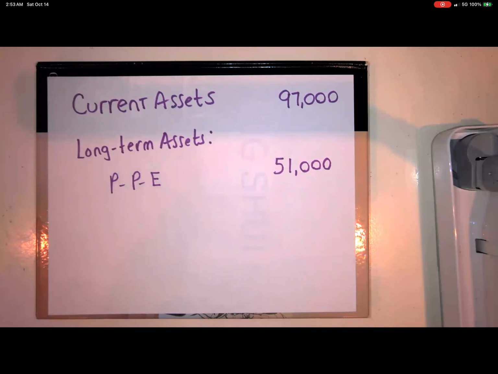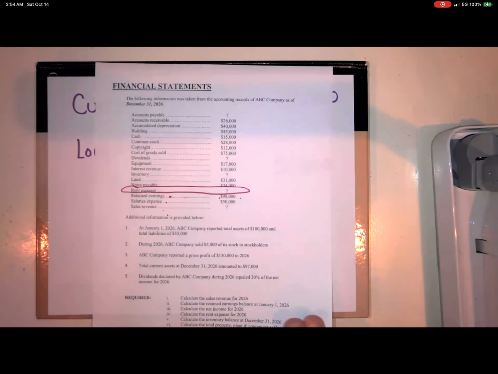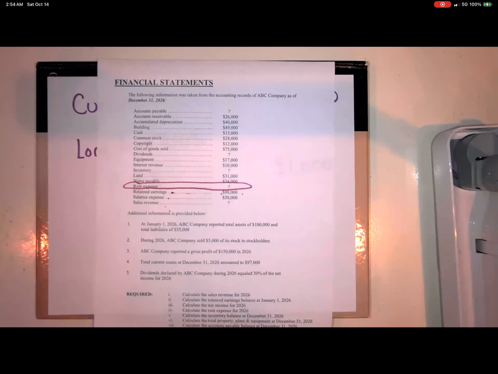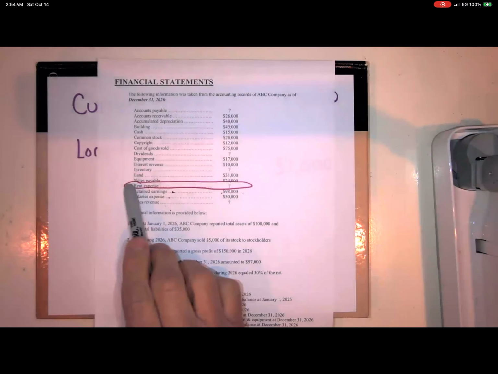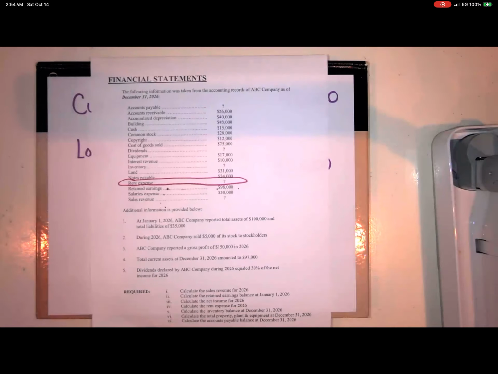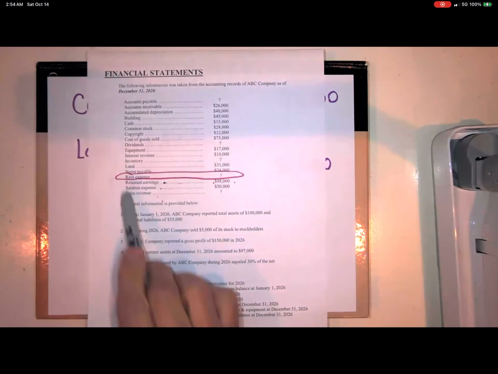The intangible assets include patents, copyrights, trademarks. Now look at our problem. The good news, hey, look, there's no patents here. They don't have a patent. Even better news, there's no trademark.